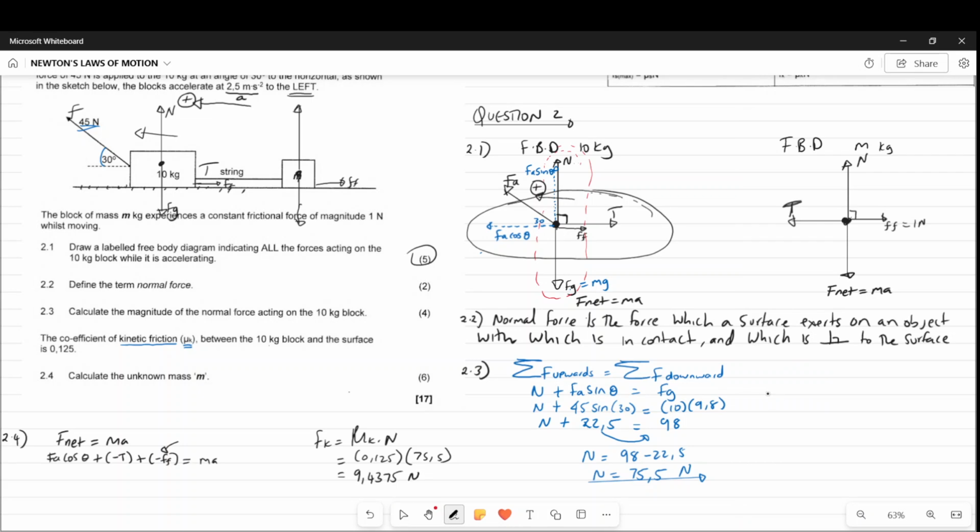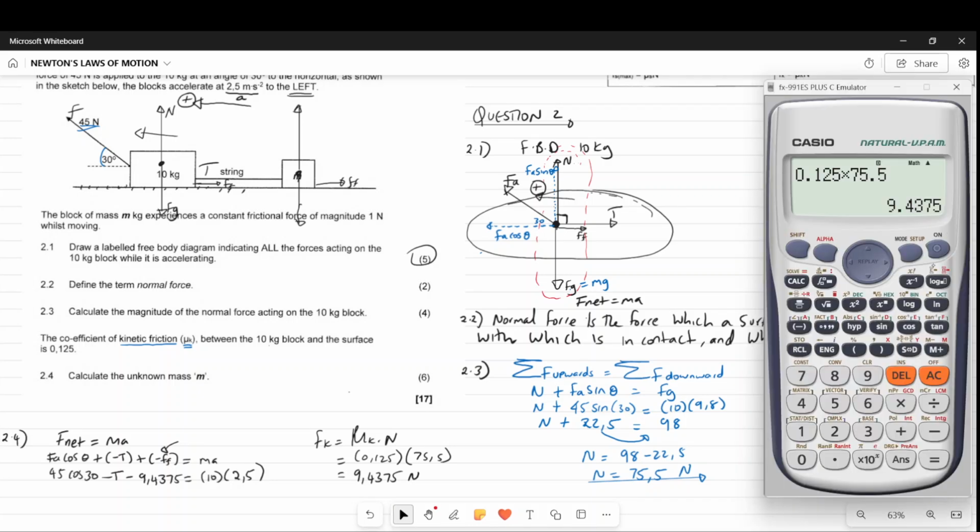Now let's work out. Fa is 45 cos 30 minus tension minus 9,4375 is equal to mass, which is 10, and acceleration is 2,5. So we got that. Now let's simplify this.